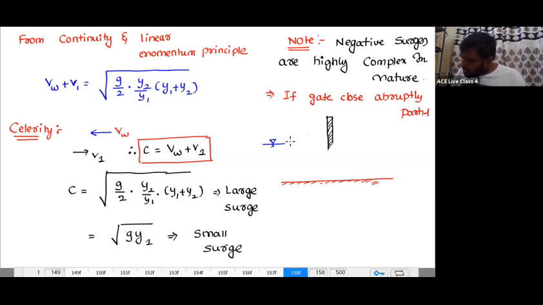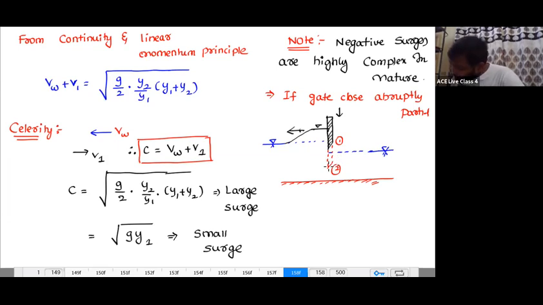Initially this is the water level, and on the downstream side, this is the water level. Yes or no? Now, if I close the gate abruptly, and that too partially, you are not going to close it fully, you are going to close it partially. Then what is going to happen? On the upstream side, you can see the positive surge moving towards the upstream.